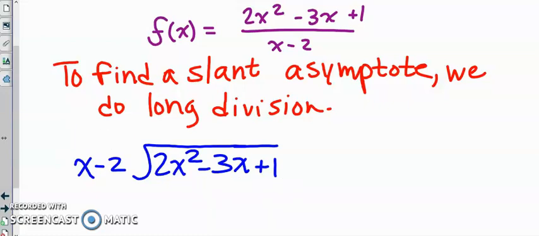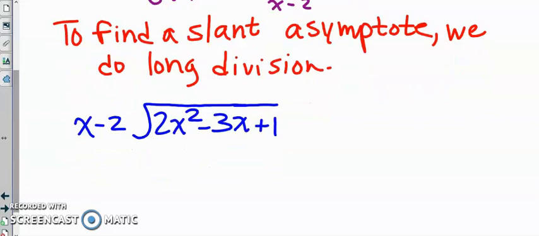Let's work this out. We have to remember how to do long division. Hopefully you remember this, and if not, we can take a look at some more problems. Here, we ask what times x will give us 2x squared.